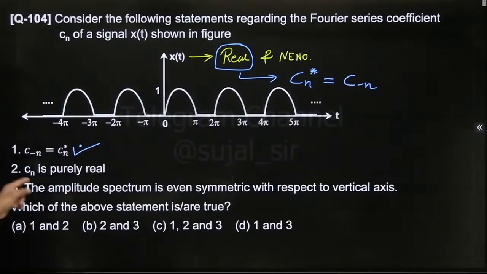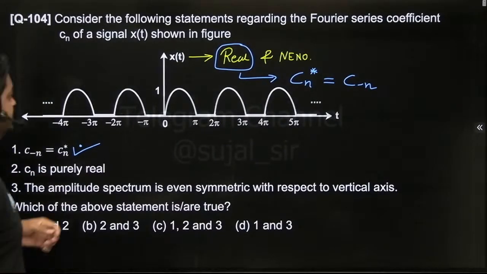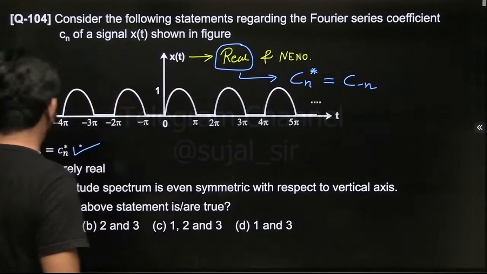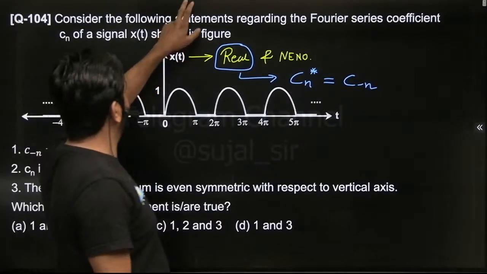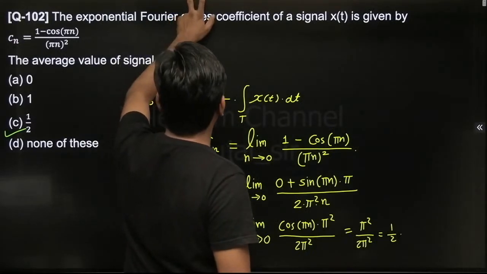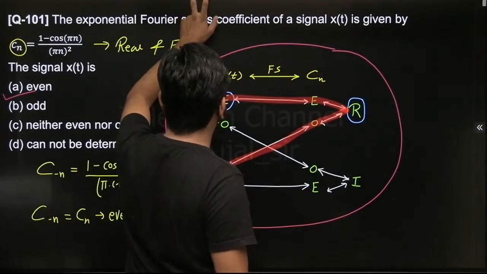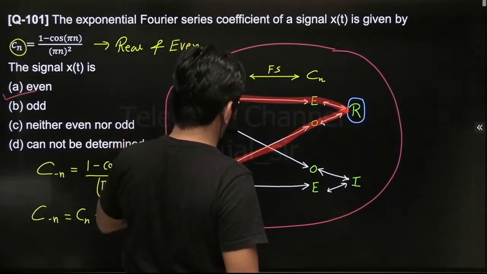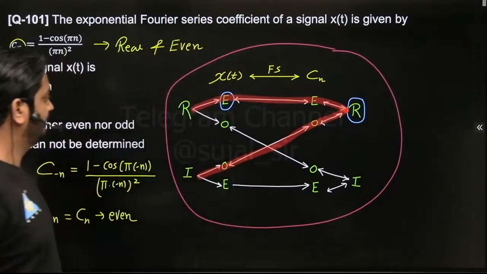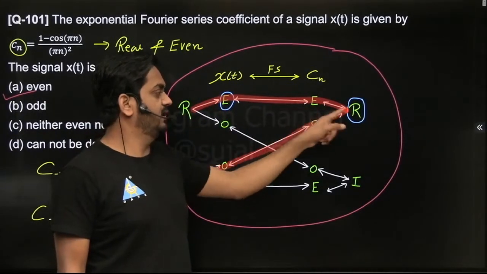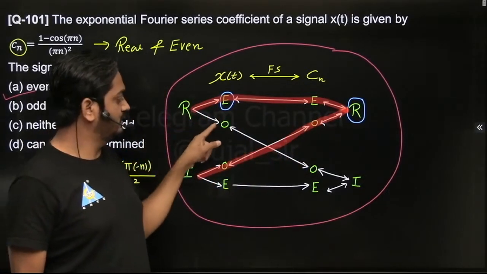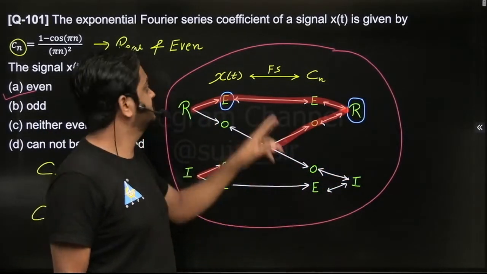Now the second statement: Cn is purely real. X of t is real. If x of t is real and even, then Cn is real and even. If x of t is real and odd, then Cn is odd and imaginary.